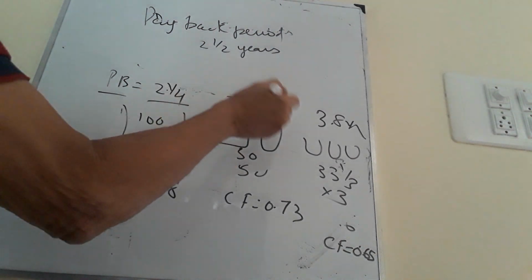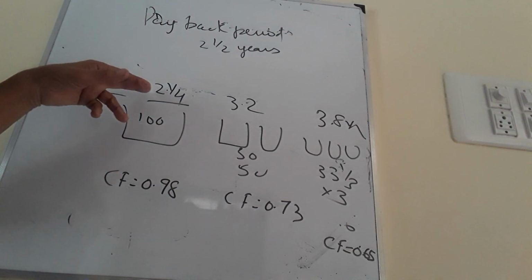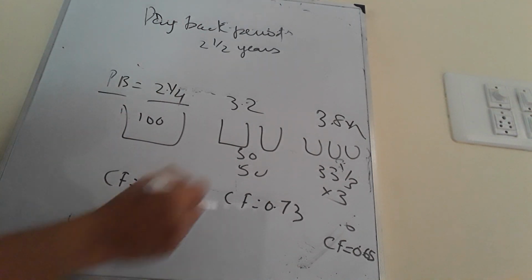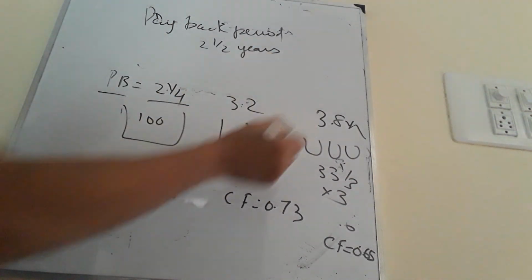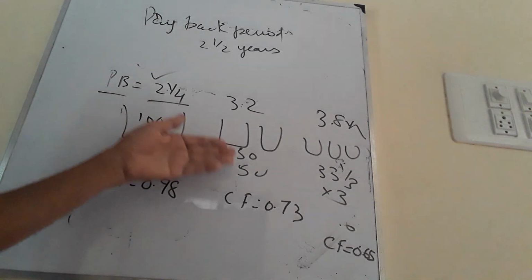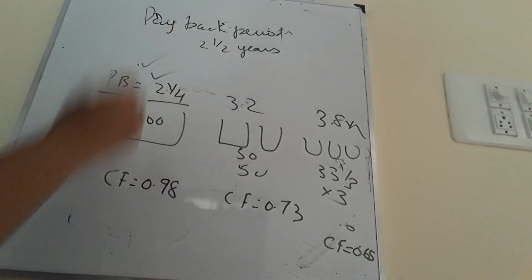Here they get it back in 3 years and 2 months, and here in 3 years and 8 months. So based on the capacity factor, this is the best because you are getting back your money fast, whereas here you are getting back money very, very late. Therefore, industry normally prefers this one.